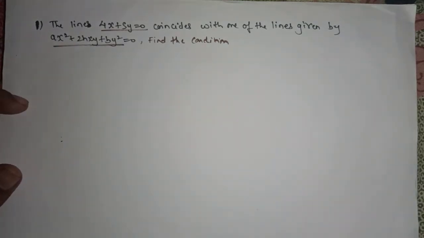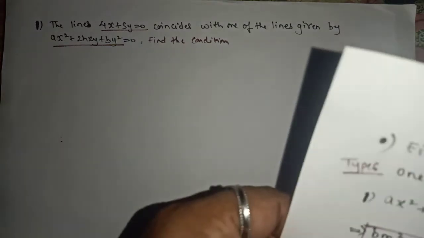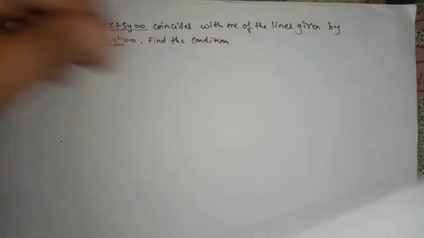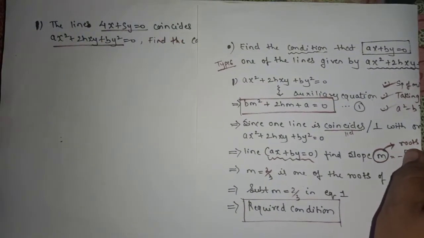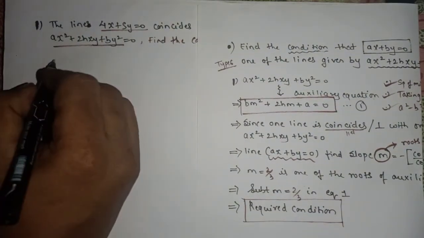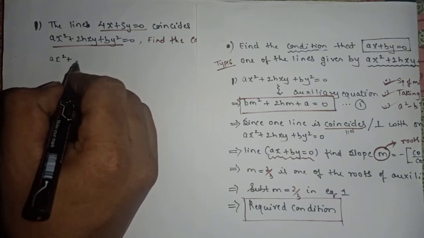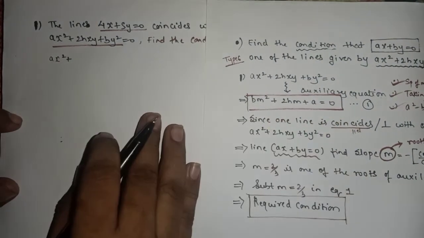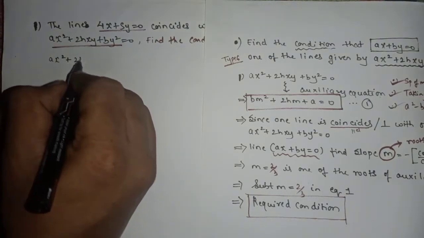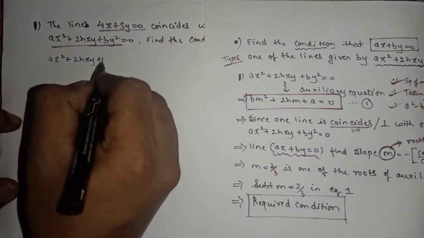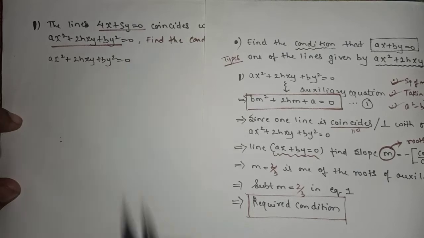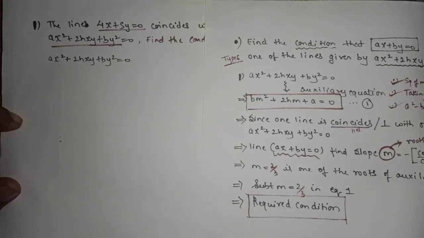So now, as we know, we have the quadratic equation ax square plus 2hxy plus by square equals to 0. Yes or no?